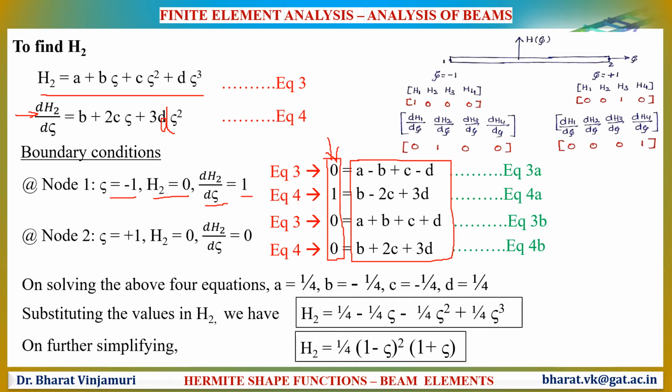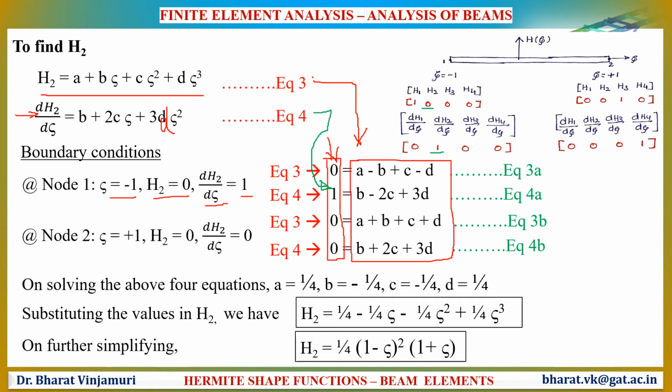Applying these boundary conditions in equations 3 and 4: in equation 3, instead of h2 we have got 0, and on the right hand side a minus b plus c minus d. And applying these to equation 4, since we have got dh2 by d zeta, in this place we have got 1. dh2 by d zeta is equal to 1, as well as h2 is equal to 0 at node 1.